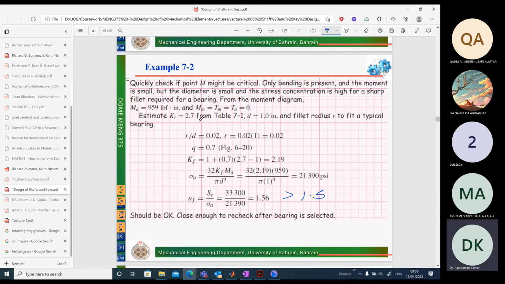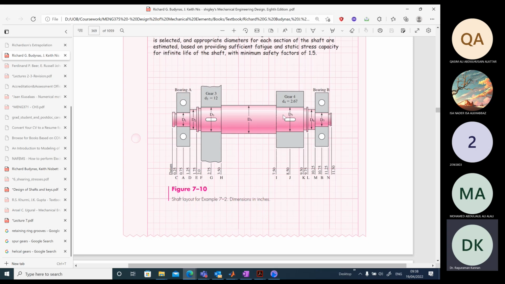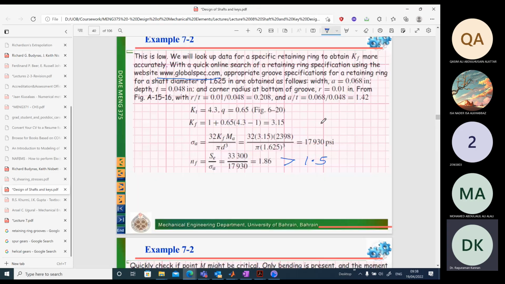Again, let's see here. We are not given any diameter of the shaft. So let's go back here. We have 1.625 over here, and he has assumed D6 as 1 inch.